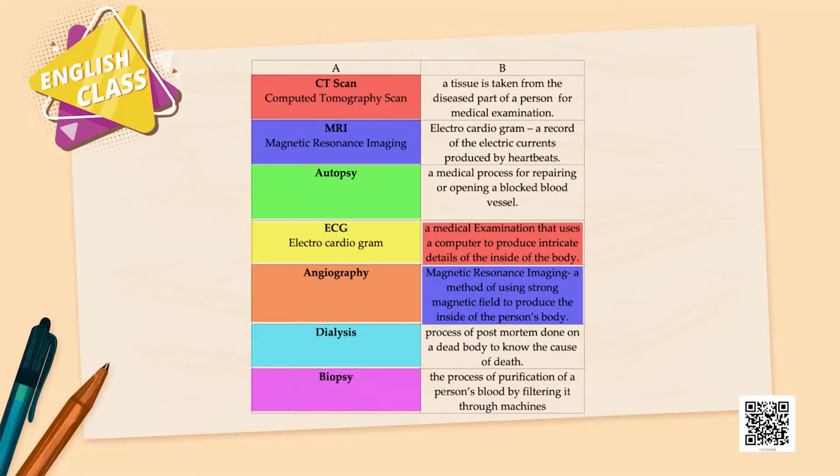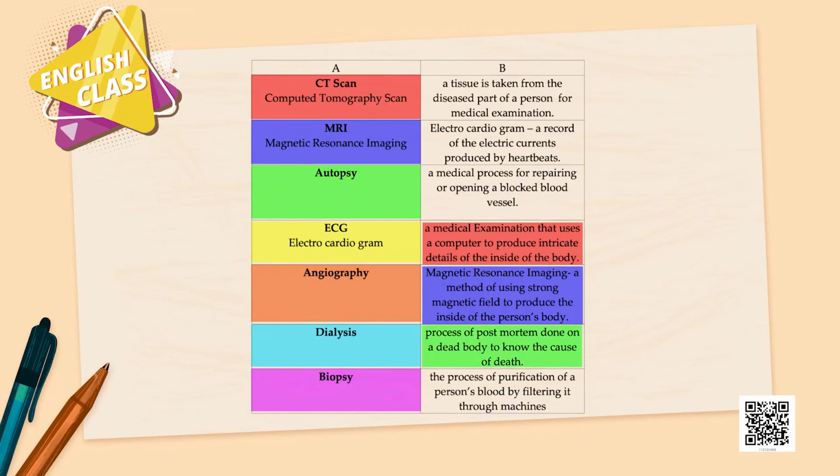When the disease is not found, the doctor suggests you to have a CT scan or MRI. The next medical term is autopsy. You might have heard this word in detective serials. What is it? It means the process of post-mortem done on a dead body to know the cause of death.